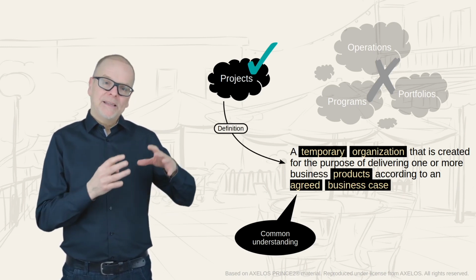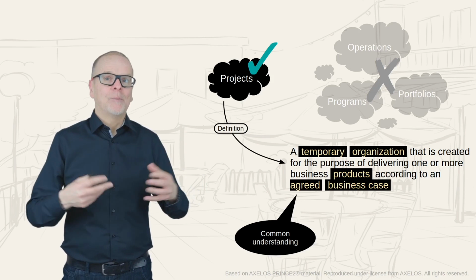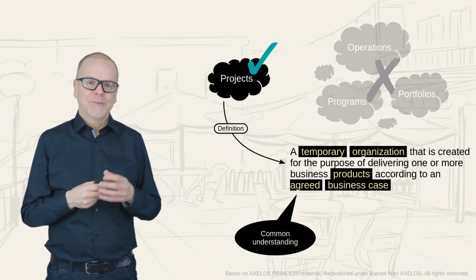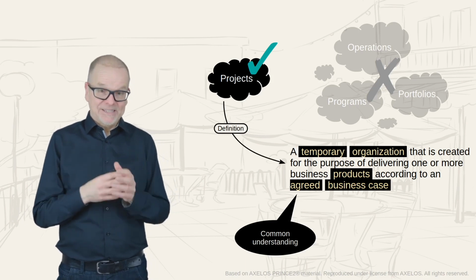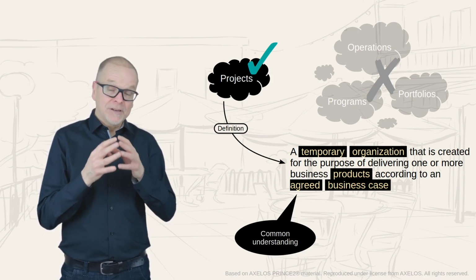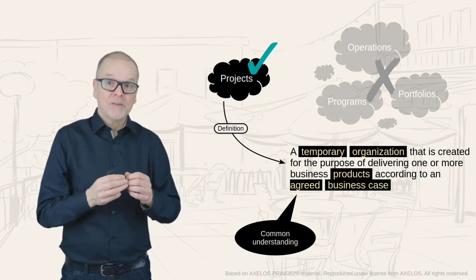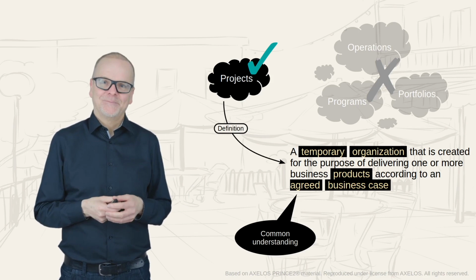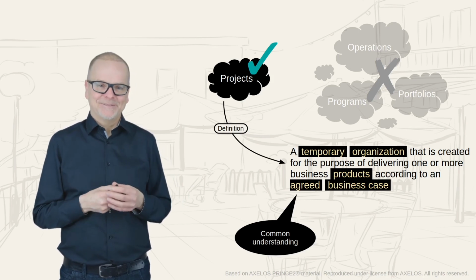Now let me read the definition again, and it will make a lot more sense. So, what's a project according to PRINCE2? Well, a project is a temporary organization that is created for the purpose of delivering one or more business products according to an agreed business case. Good, I think you've got that.